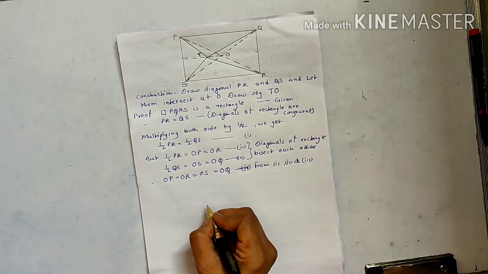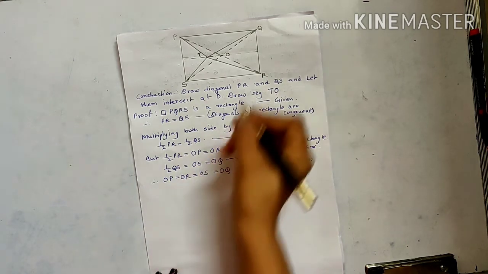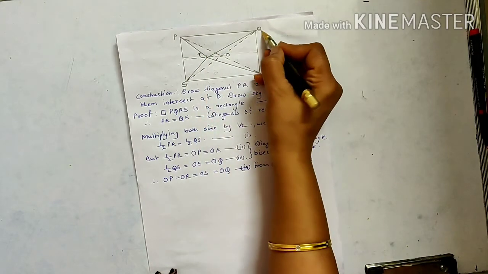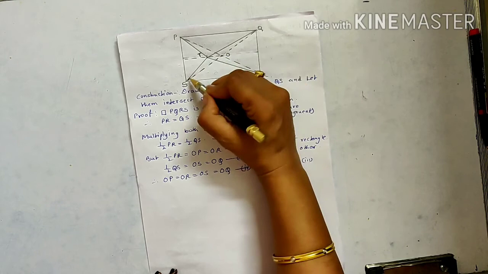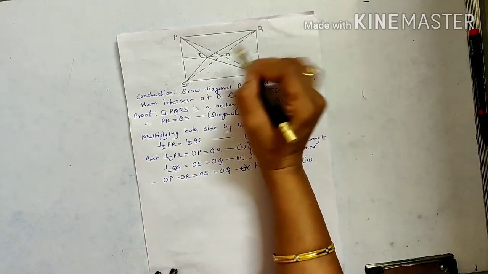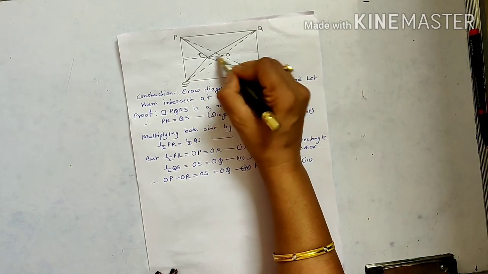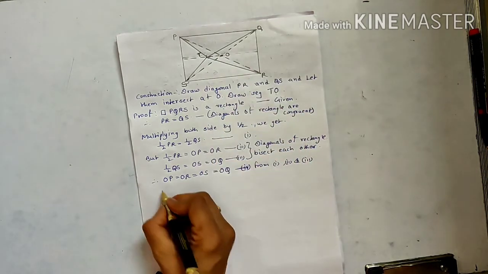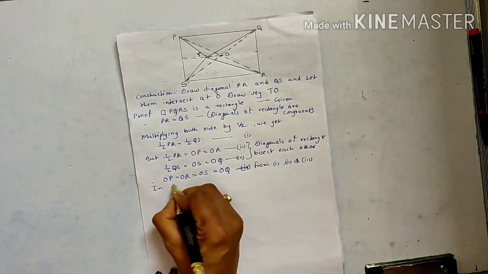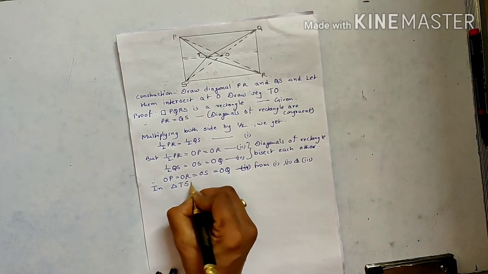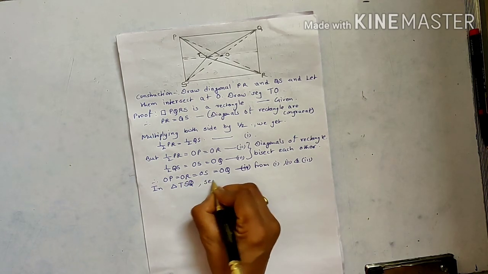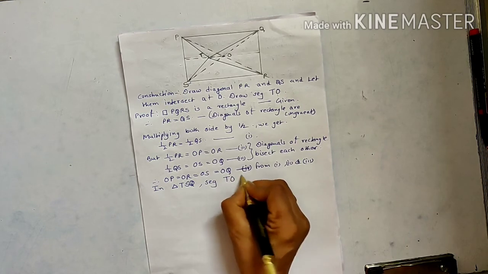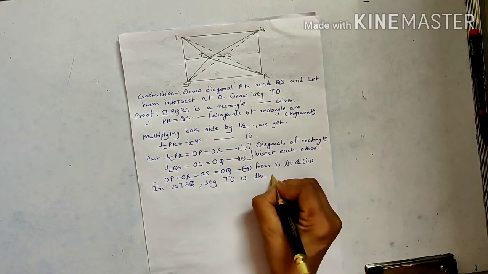Now consider triangle TQS. In this triangle, O is the midpoint of QS. Therefore, TO is the median. In triangle TSQ, segment TO is the median.